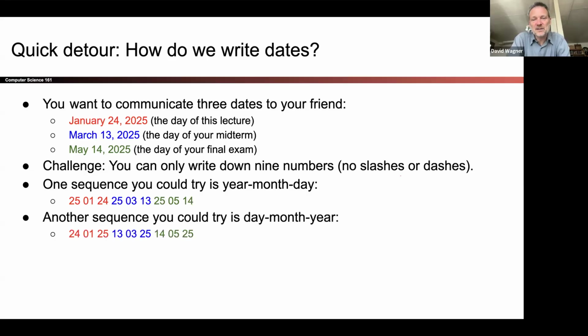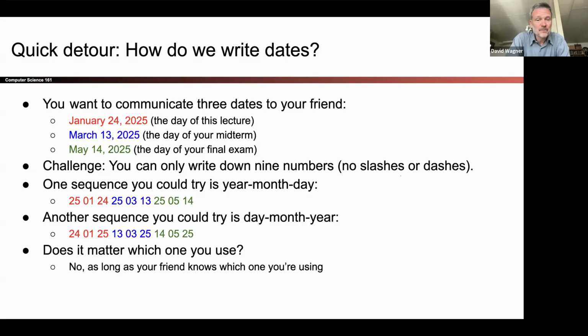Another way you could write it is day, month, year. Also a very reasonable way to communicate. Which one should I use? Either one. It doesn't matter which one you use, as long as you and your friend both agree. As long as you both know which you're using, you're good. You can choose any order you want. It's just a convention.